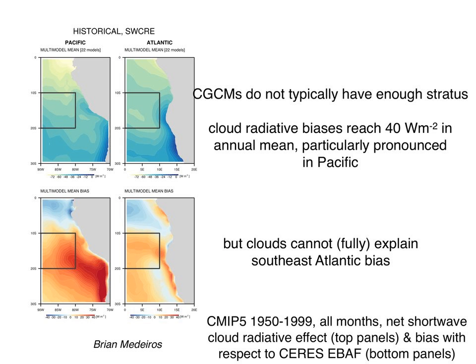The top plot shows the CMIP5 model mean shortwave cloud radiative effect over 1950 to 1999. The bottom plot shows the bias relative to the CERES EBAF product, and again highlights how high these biases are in the Pacific relative to the Atlantic.